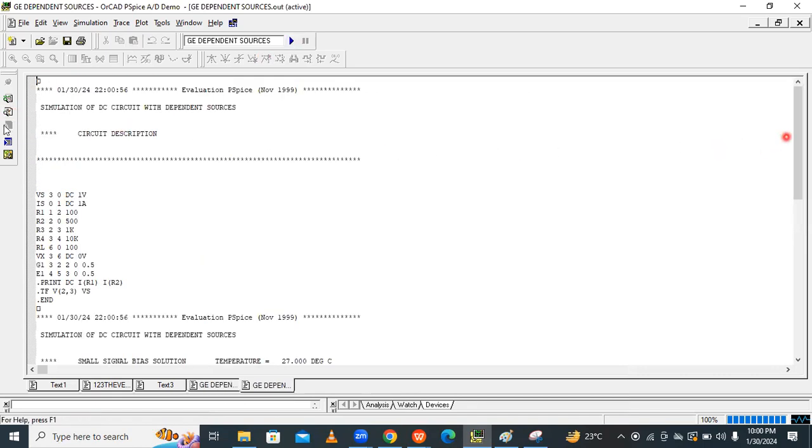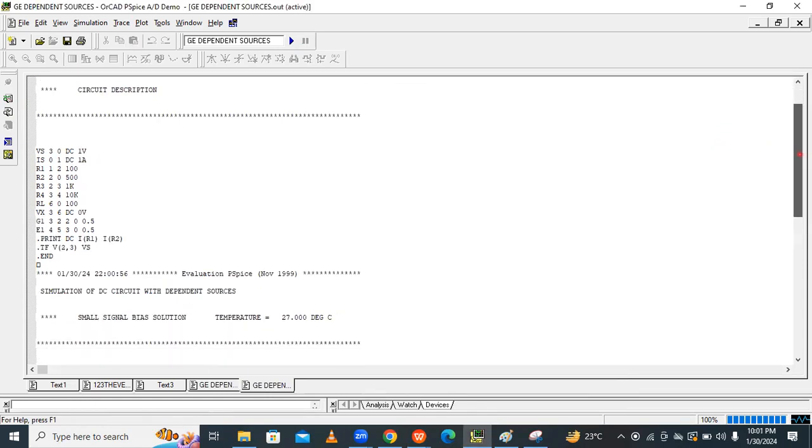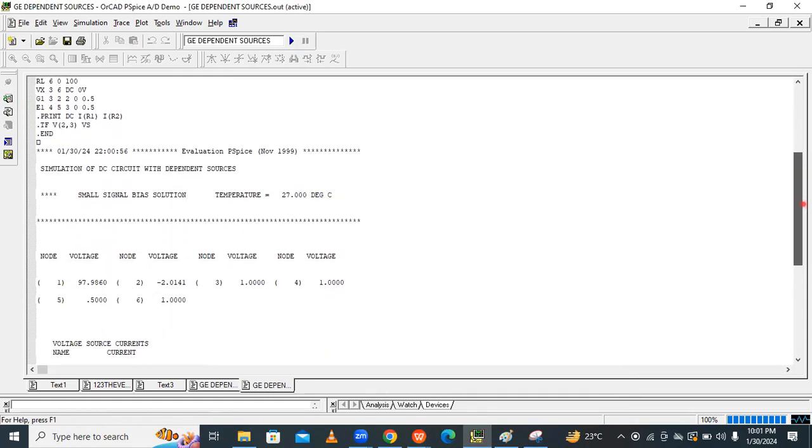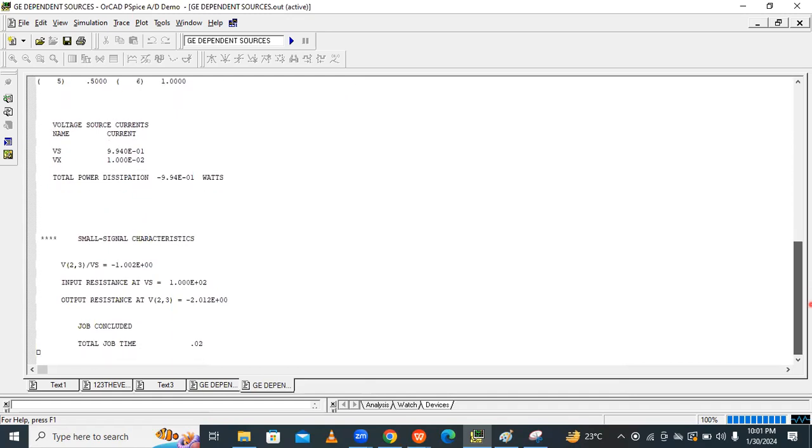From here, what is the output resistance? The output resistance is 2.012 ohms, where E power 0 means 10 power 0. The input resistance is as before, 100 ohms.